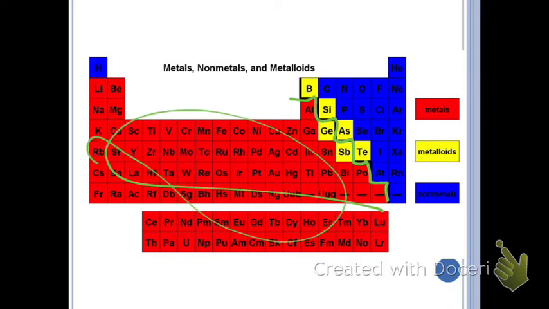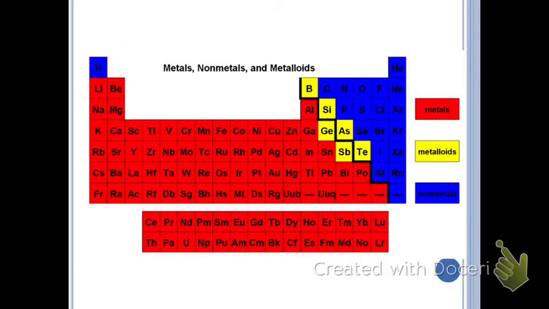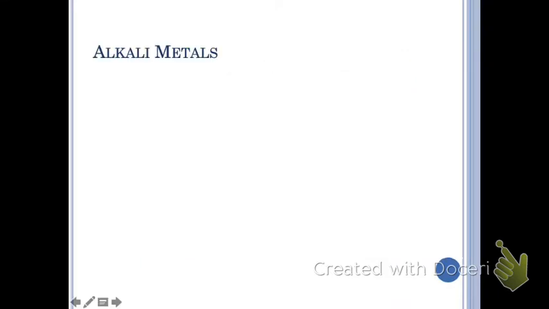Metals are all these reds right here. Hydrogen sits on the wrong side of the periodic table because of its valence electrons, and we'll talk about that in just a second. If we go looking at group names and group characteristics, in your video you talked about group 1 being the alkali metals. So I want to show a couple things here with group 1.